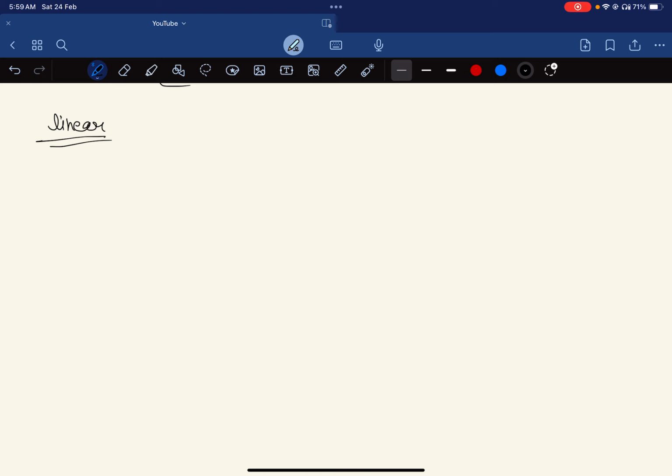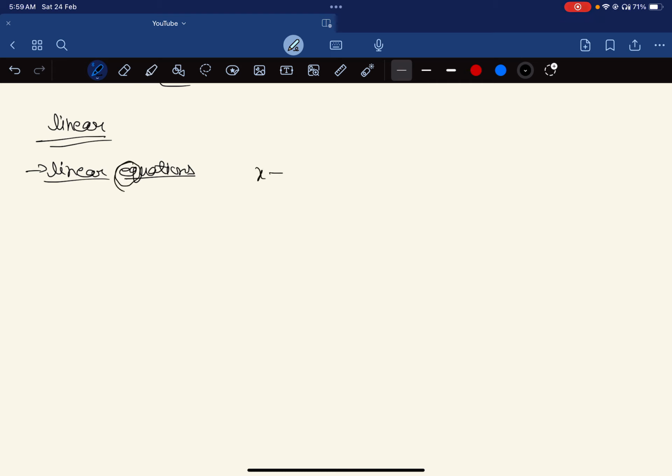First we'll know what linear equations are. Any equation which has the highest power of 1 for its variable is called a linear equation. And remember, I'm not saying inequation, I'm saying equation.